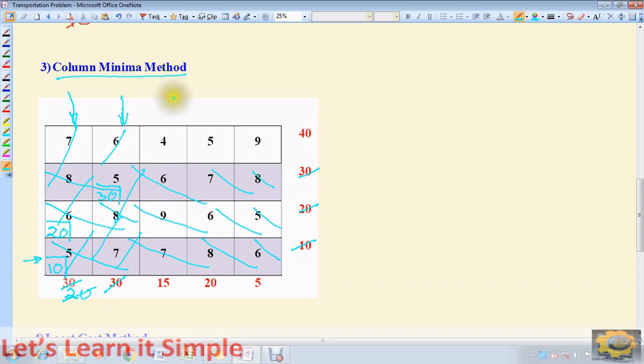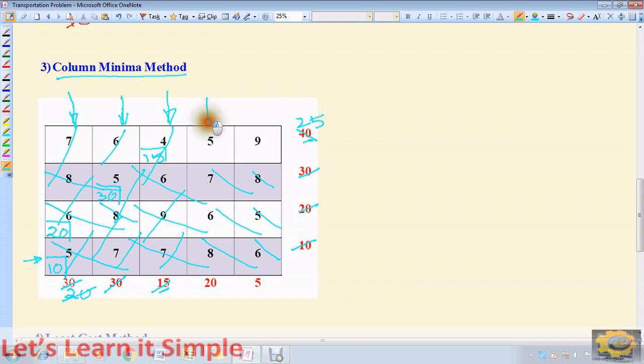Now in the next column, we have 4 alone. So if I try to compare the corresponding row and column value, I have 15 here and 40 here. So 15 can be allocated. So the third column will vanish, and after allocating 15, it will be 25 here.